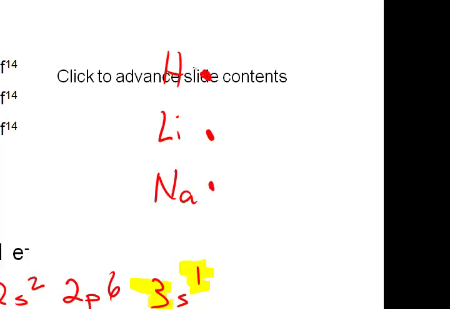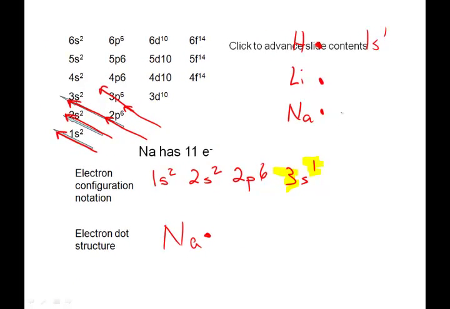So we see this important trend in the periodic table, that everything in this first column has 1 valence electron, and we're going to see that this one ended in 1s1, and this ended in 2s1, and this ended in 3s1. So what is below sodium is probably going to end in 4s1. But let's keep on moving here.